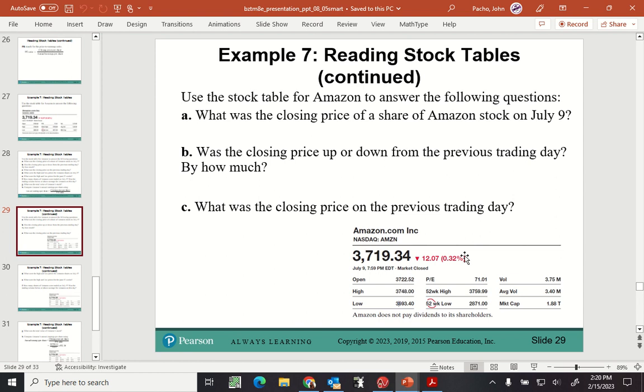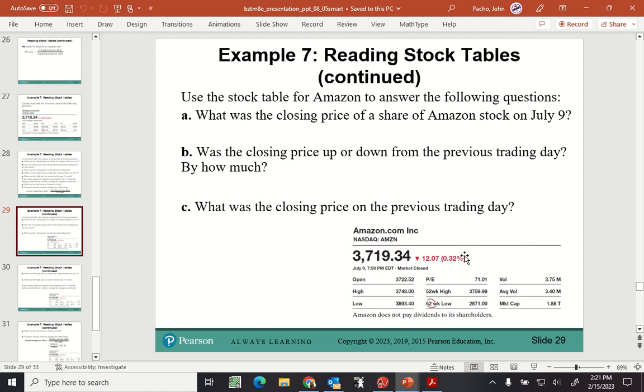Okay, that is my price. B. Was it up or down from the previous day? Down. How do I know it's down? Red is pointing down, right? Okay, so by how many points? 12.07 points or 0.32%. So it's both.